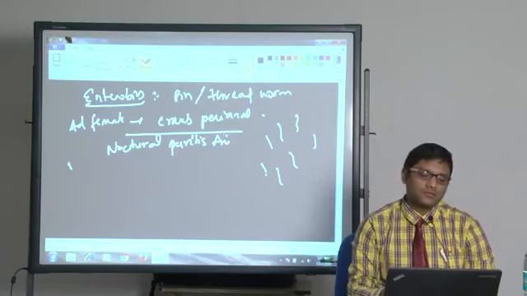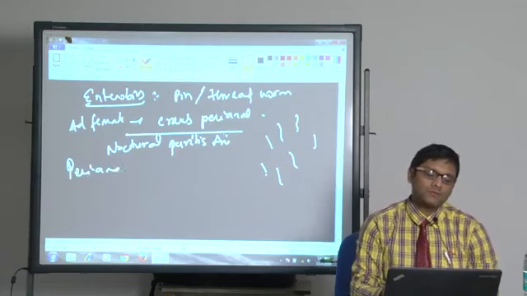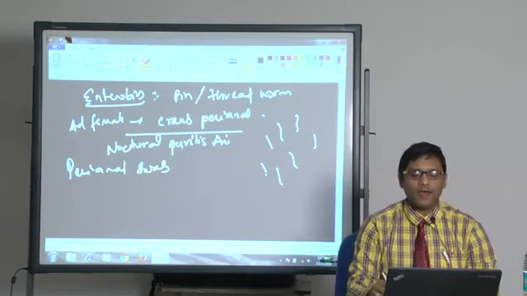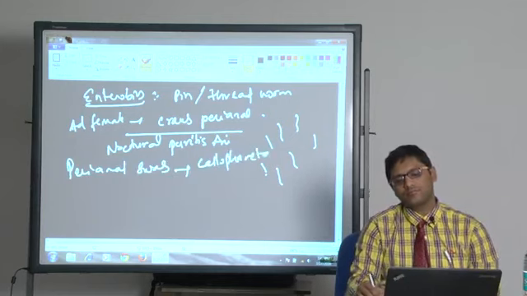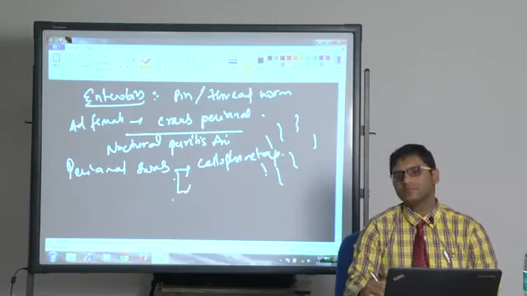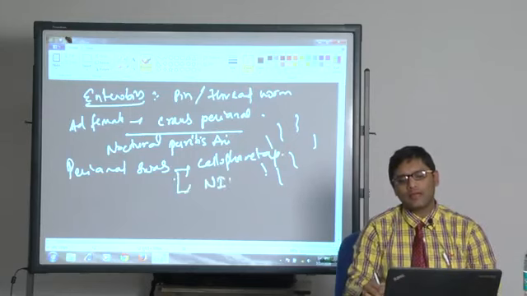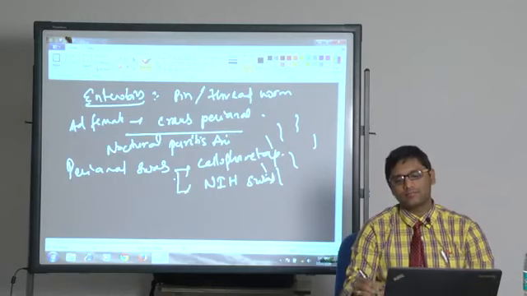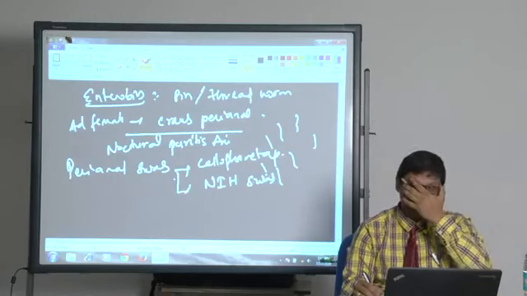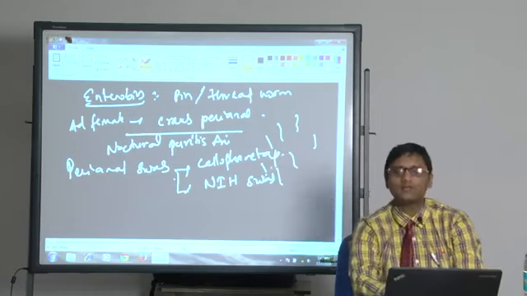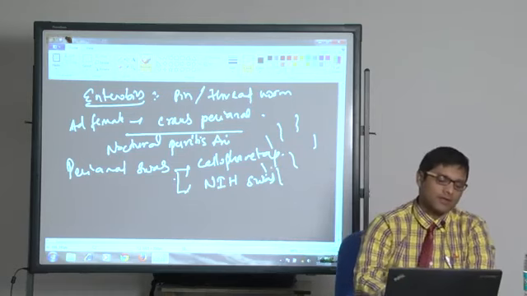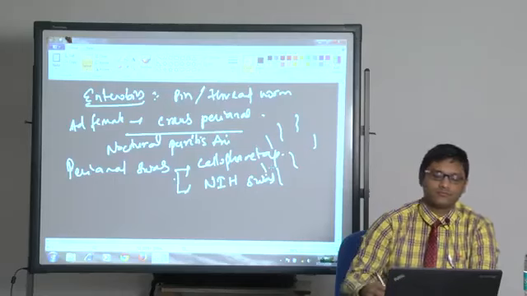The specimen of choice is a perianal swab, either by a cellophane tape or by a specialized swab called the NIH swab. NIH, that is National Institute of Health swab, is a specialized swab designed to collect perianal swab for Enterobius.